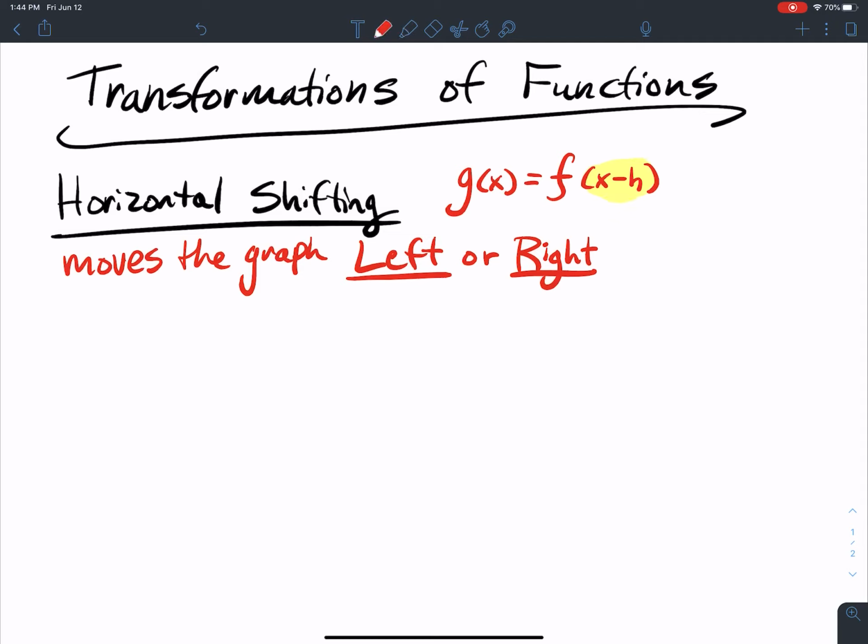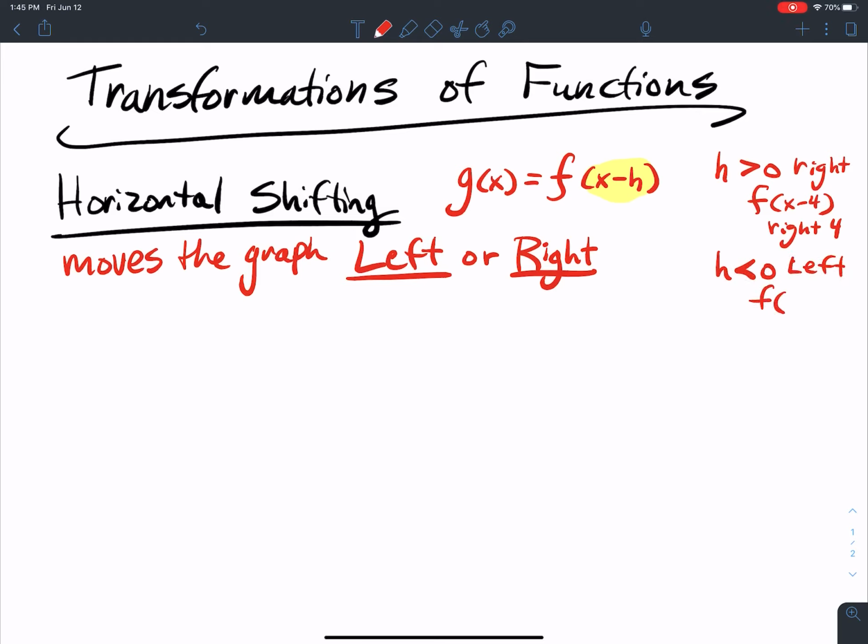Okay, if inside your parentheses is negative, so the h here, if it's greater than 0, we go to the right. So like f of x minus 4 would mean right 4. And if I have h less than 0, we go to the left.